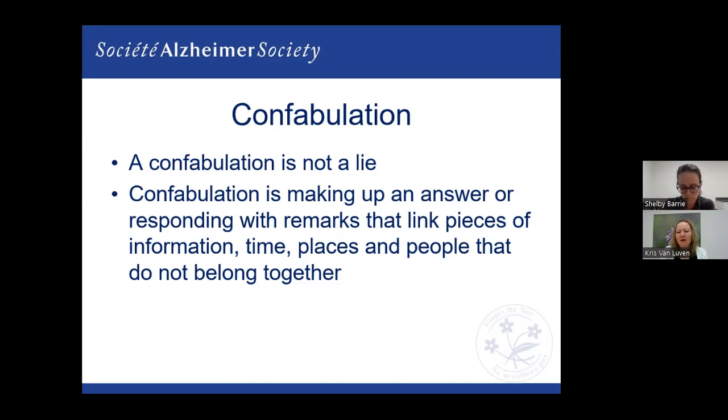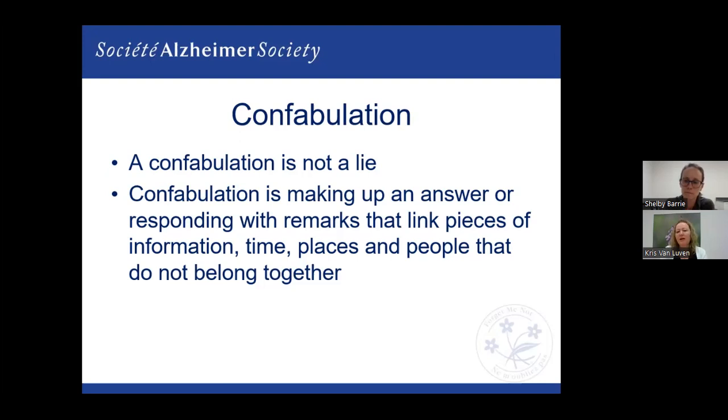The purpose of a confabulation is not to mislead, and it's not to lie. Confabulation is making up an answer or responding with remarks that link pieces of information when it comes to things like time or places and people that don't really belong together.